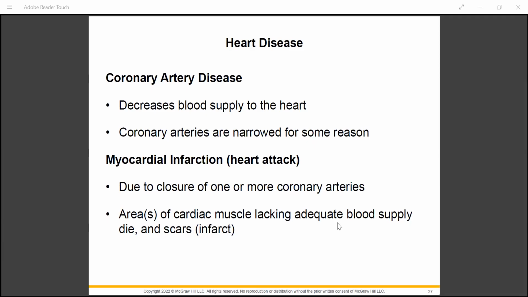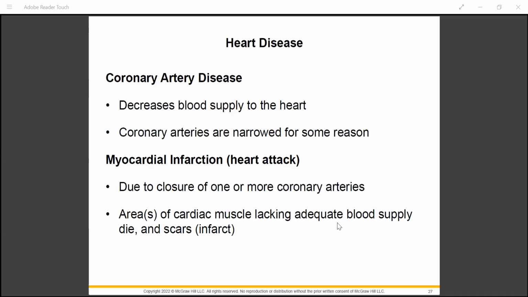Sometimes this can be plaques building up, like atherosclerosis. And so this is going to be a narrowing of the arteries, so not as much blood can get through, meaning our heart is not going to get as much supply. So this isn't meaning that our right atrium is getting less return. This is our actual heart muscle that is not getting enough blood supply.